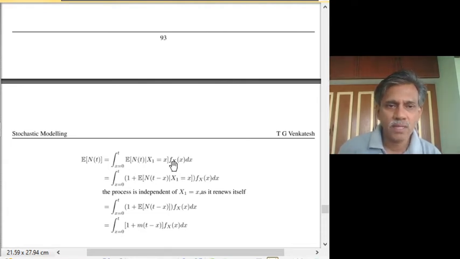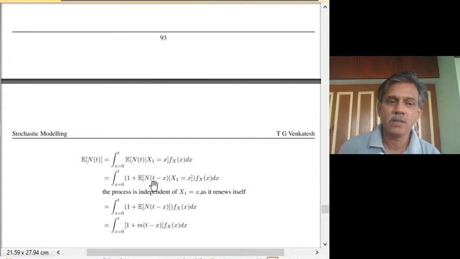And we know that this can be written as 1 plus the expectation of N(t minus x) given X1 equals x. Now we know that the first renewal has taken place at the time x starting from 0, and we are asking about the expected number of renewals in the non-overlapping time interval x to t.